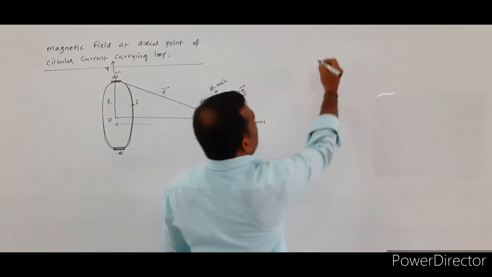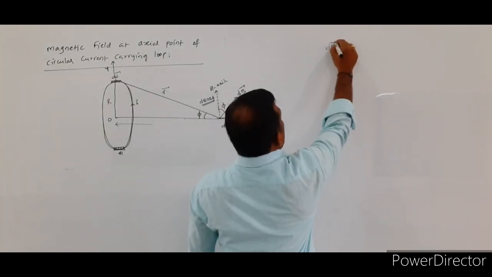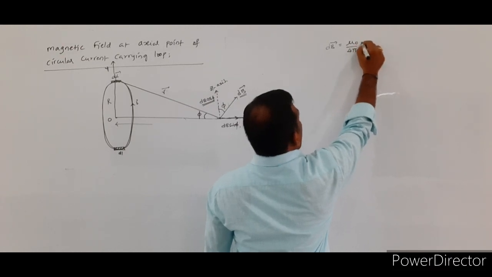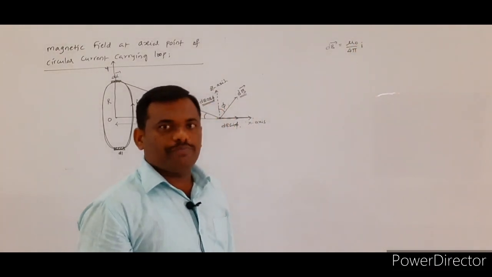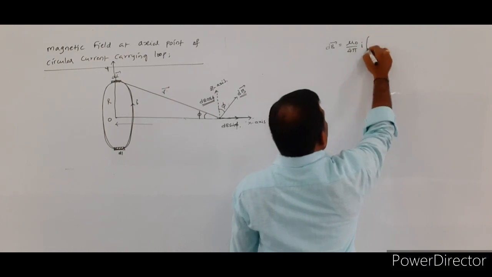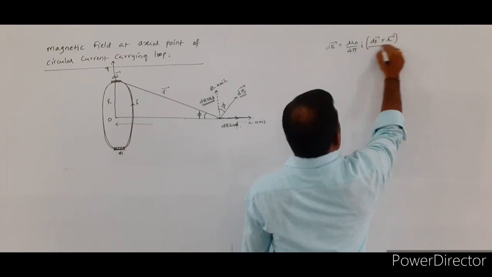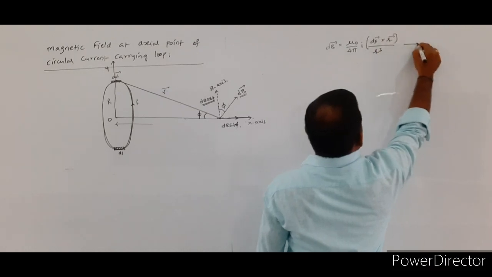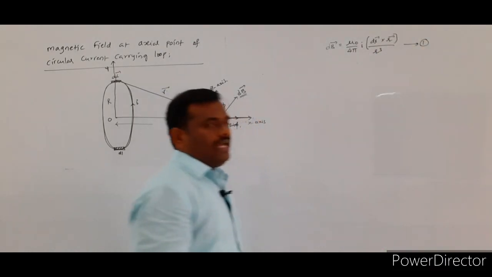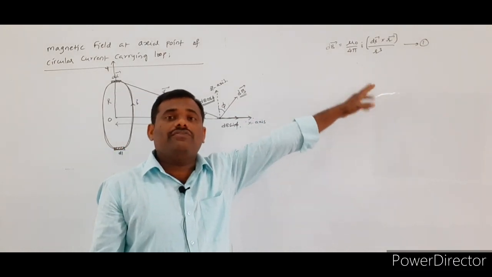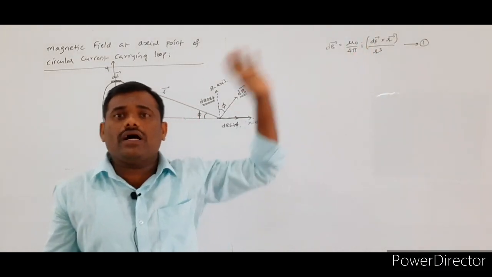What we wrote here, dB bar is equal to mu naught by 4 pi I into dl bar cross r bar by r cube. So this dB we have written in the notation of vector notation.